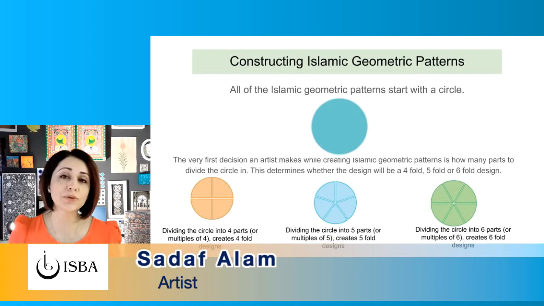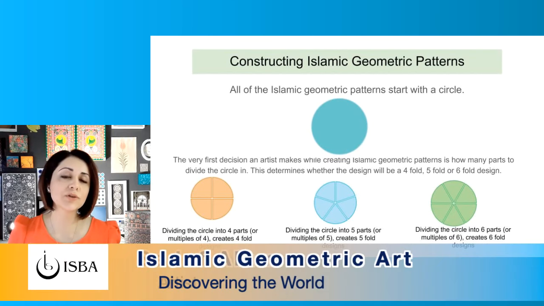There's also another school of thought that says that the circle is a symbol of all of God's creation and everything in the universe. So it's a good starting place for any kind of art that's related to Islam, and it might be a good, blessed way to start things like that. Either way, Islamic art starts out with a circle.